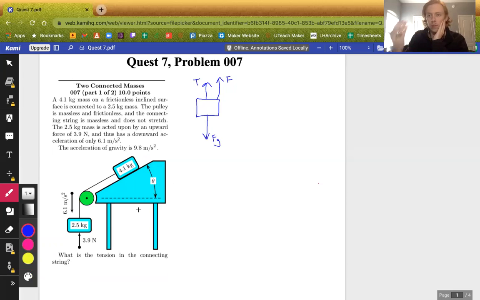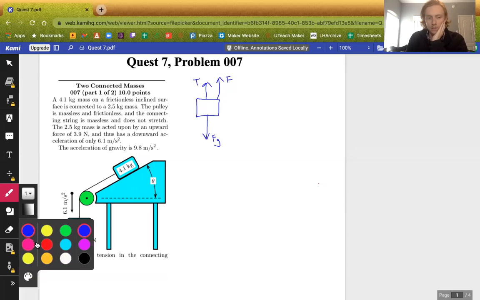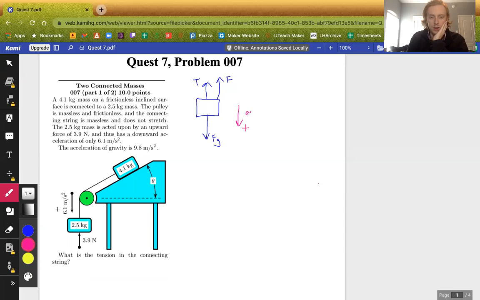Next we can write Newton's second law. We know it has a downward acceleration, so to make things easier, we're going to call downward our positive direction. Newton's second law says the sum of the forces equals the mass of the object times the acceleration of the object.